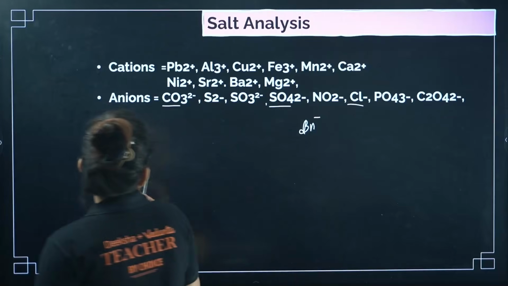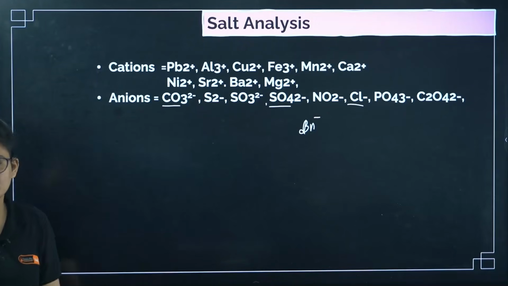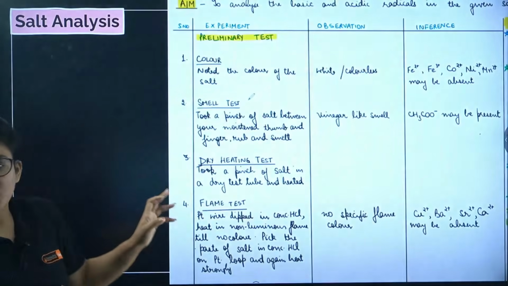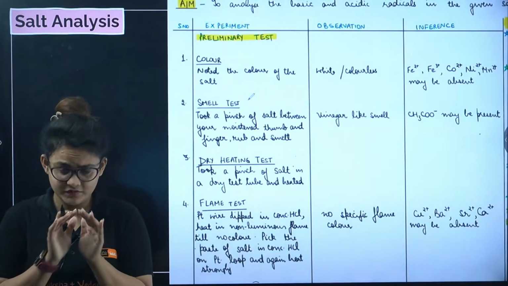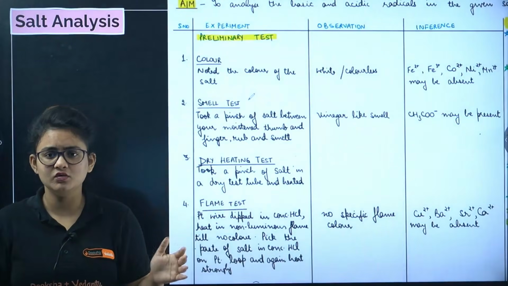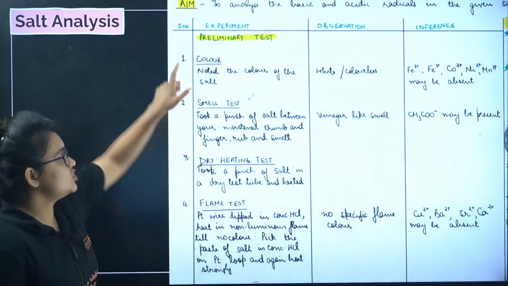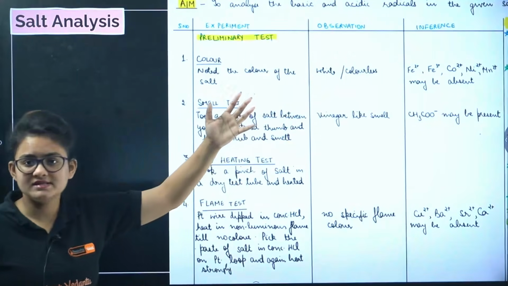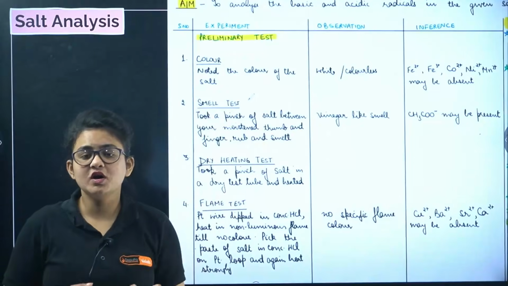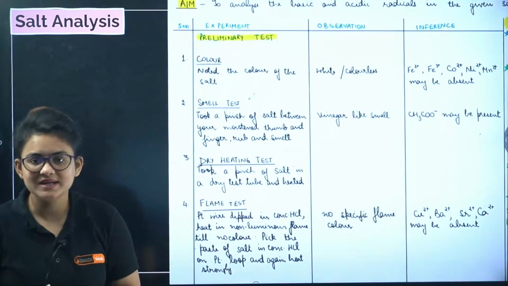So these types of anions you will get. Let me show you how you should maintain the entire thing. If you are already finished with your record, then you already know the pattern of writing. Make sure you write the aim from the question paper itself. Now at first you have to start with a preliminary test.